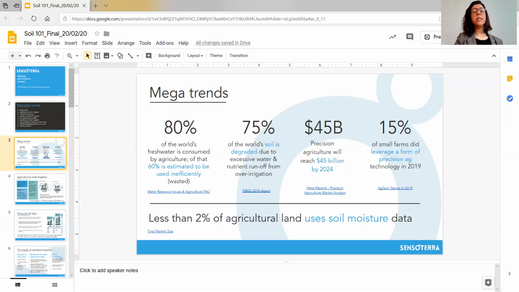So we see that the necessity for precision agriculture is there, and at the same time, less than 2% of agricultural land uses soil moisture data. So a really small percentage out of this precision agriculture and agricultural use are using soil moisture sensing.